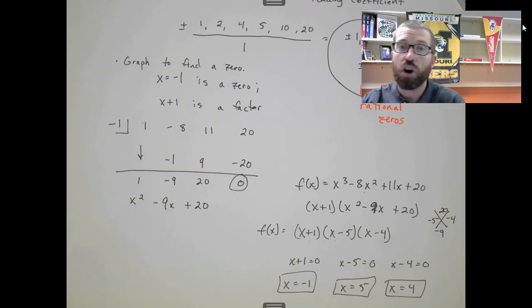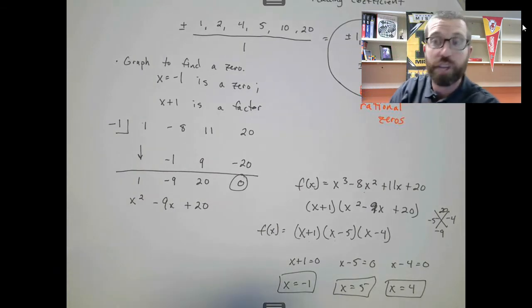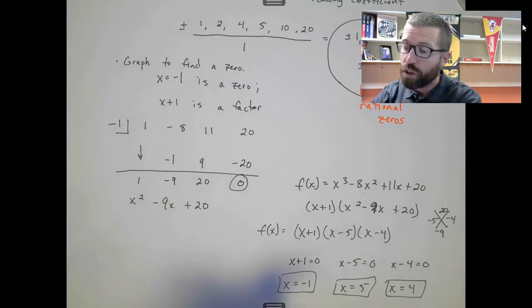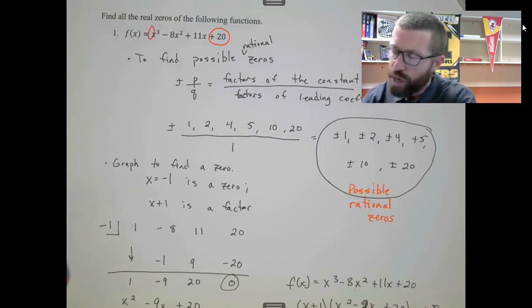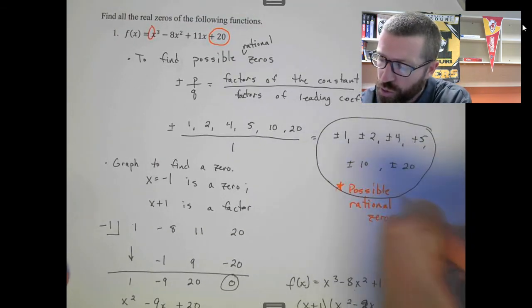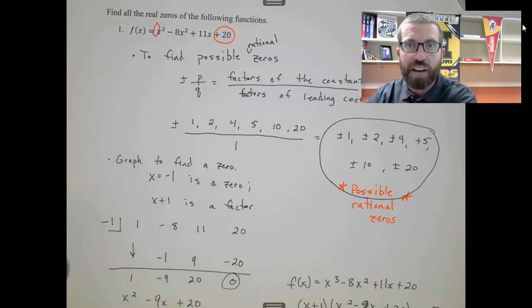Okay, so this is a long question. There's a lot going on here, but we also answered a lot of questions. An important thing is keeping track of what we're actually answering. So let's go back to the top. Right here, we answered the possible rational zeros. If they ask for the possible rational zeros, that's what we're looking for.